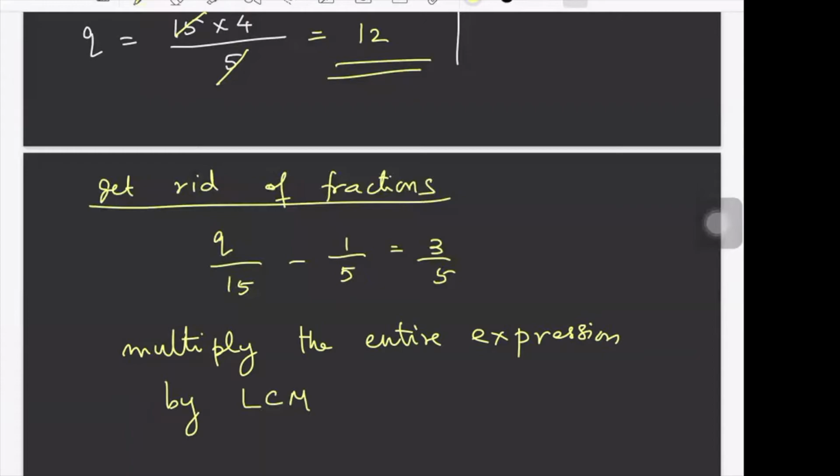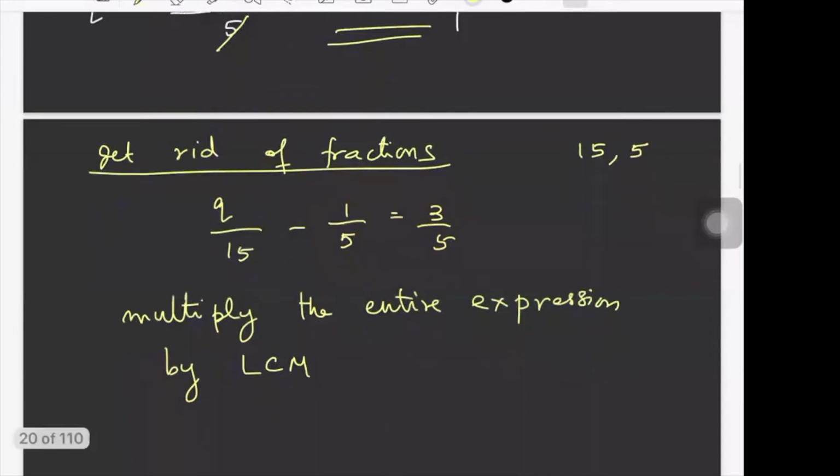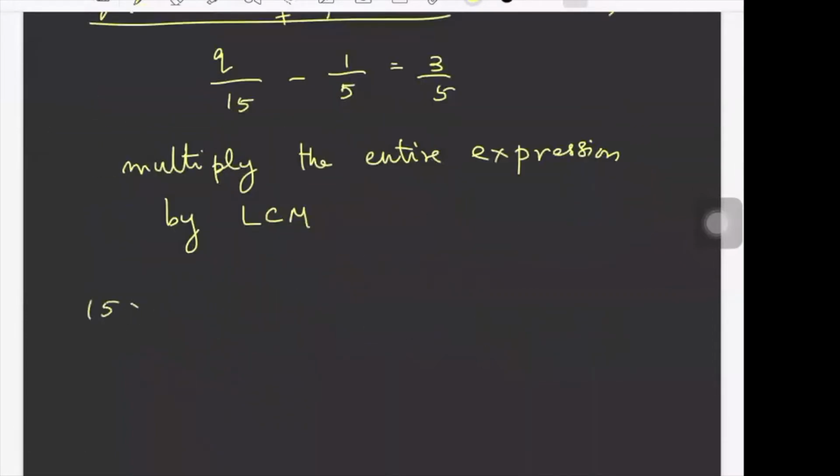The denominators you have are 15 and 5. The least common multiple of 15 and 5 is 15, right? So you multiply the entire expression by 15. See, listen carefully.